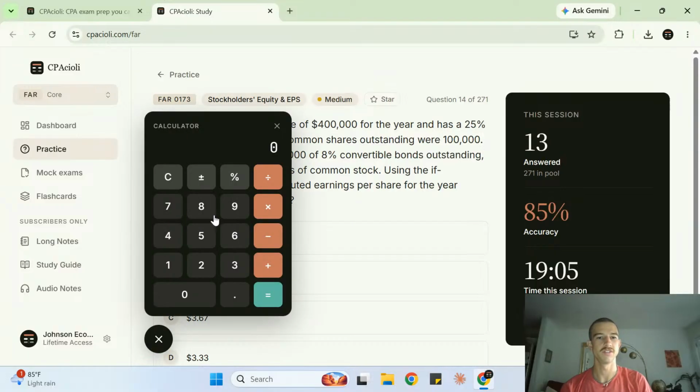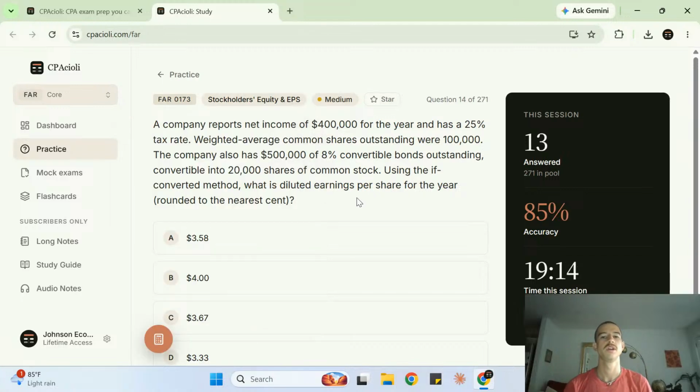So I guess we need to see if this is dilutive. So 500 times 0.08 is 40,000. So I believe that is dilutive.